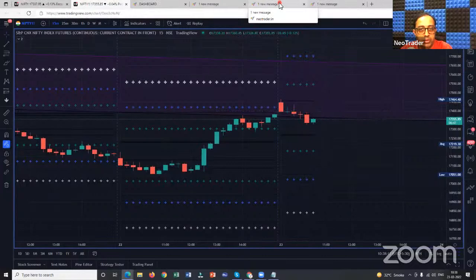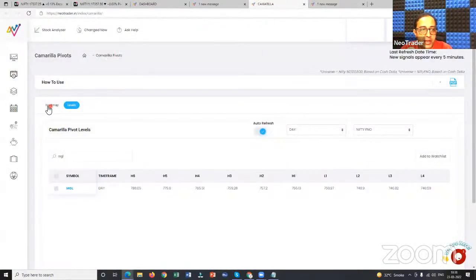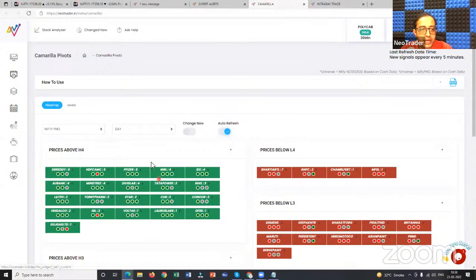Now when you come to the stocks, you should always take a look at a higher time frame as well. That's where the intuitive heat map of Neo Trader helps you quite a bit. Okay, Blue Star. All right, Operation Blue Star. Let me just check out Blue Star right now.